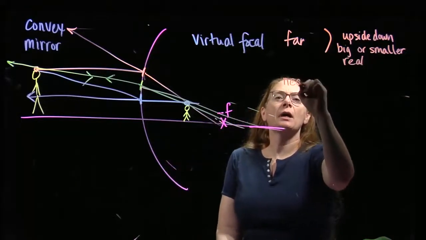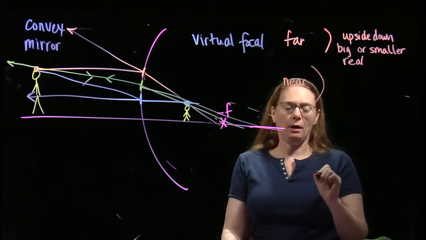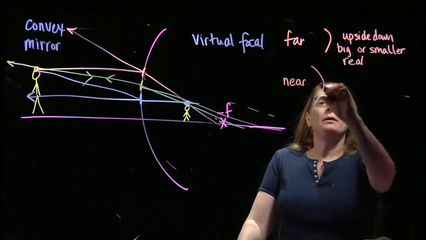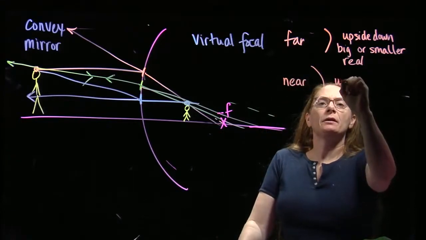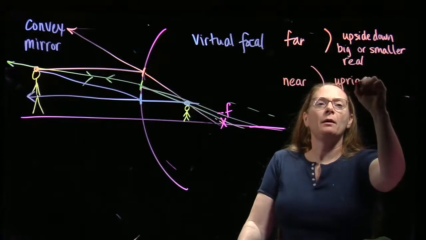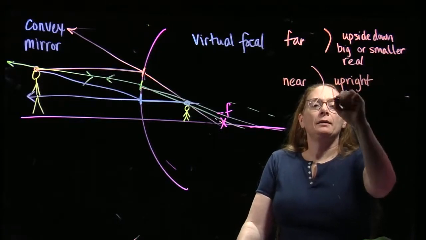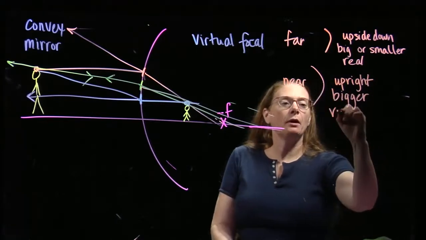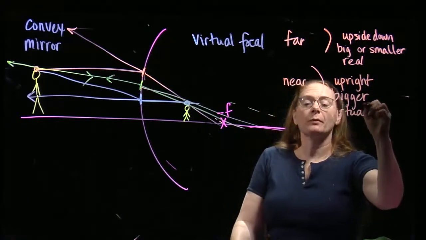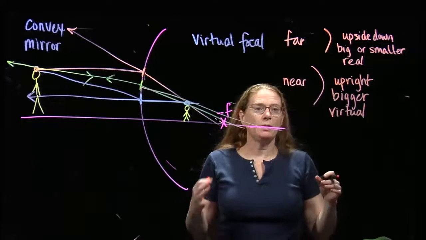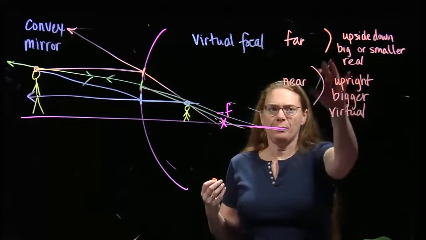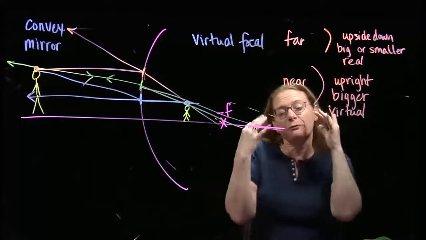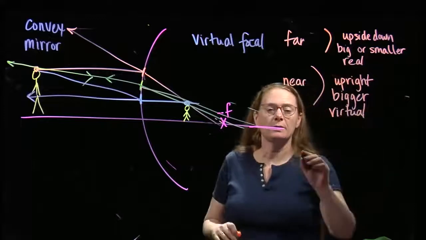If we're close up to a concave mirror, then what we have is an upright image. It's right side up, and it's bigger than normal, and this is what we call a virtual image. A virtual image, because the light rays don't actually exist behind the mirror, but our eyes are fooled into thinking that they do exist.